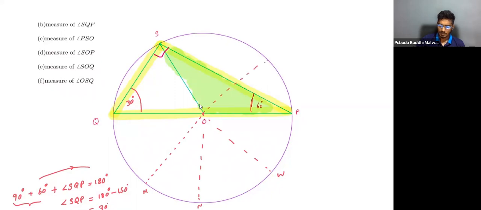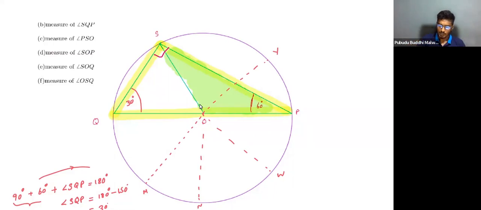Why? Because OM, ON, OW, OY, those are radii, the same length. The distance from the center to the circumference is always a constant for a circle. Hence, OP and OS should be equal because they are radii.